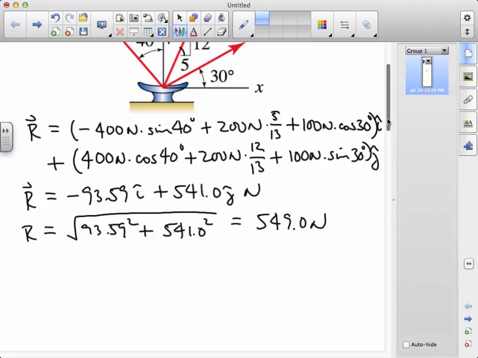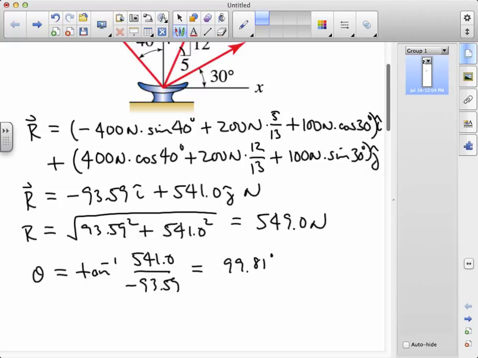We could define an angle off the x-axis as the arctangent of the ratio of the y and x components. So we have arctangent 541 over minus 93.59, and if we just plug that into our calculator, it will give us a value that's actually in the fourth quadrant. It will be minus 80.19 degrees, but because we can see where the resultant ends up, we know that we actually have to add 180 degrees onto that, and we end up with a value of 99.81 degrees.